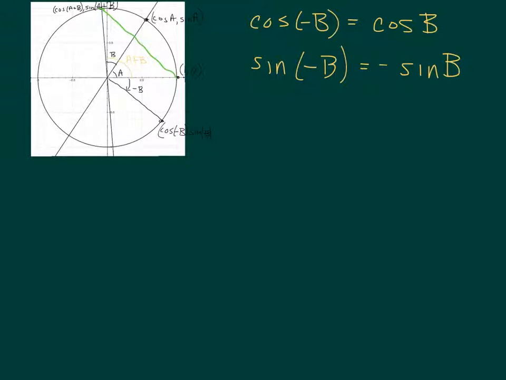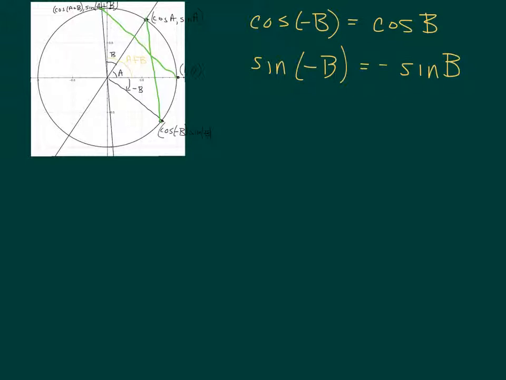The second chord will connect the point cosine A, sine A with the point cosine negative B, sine negative B. And since the size of the central angle that defines these chords is A plus B in both instances, these chords must be equal to each other.